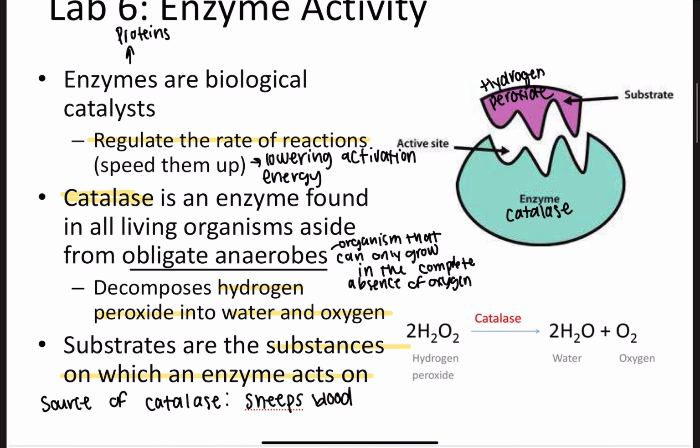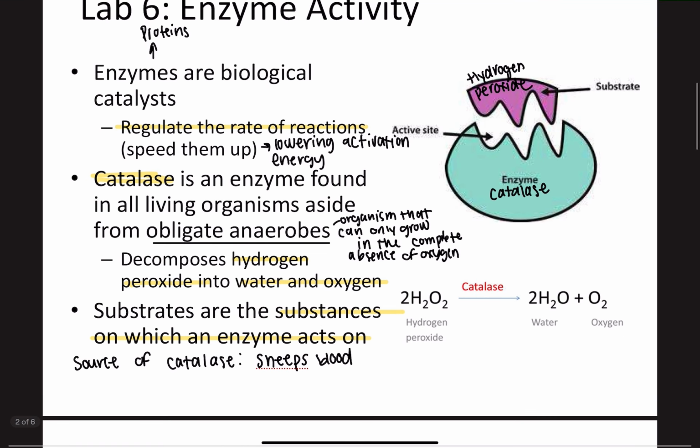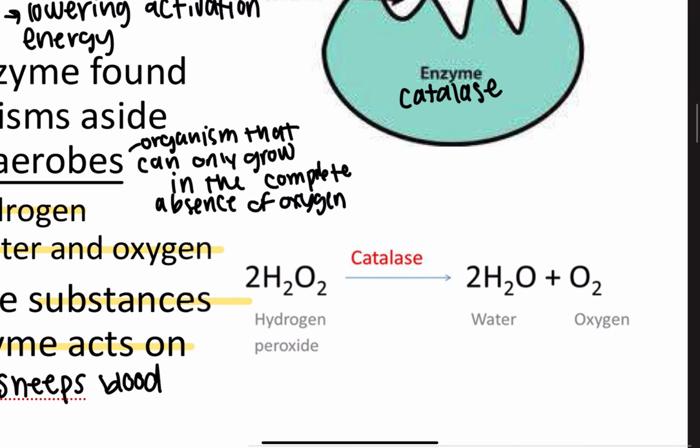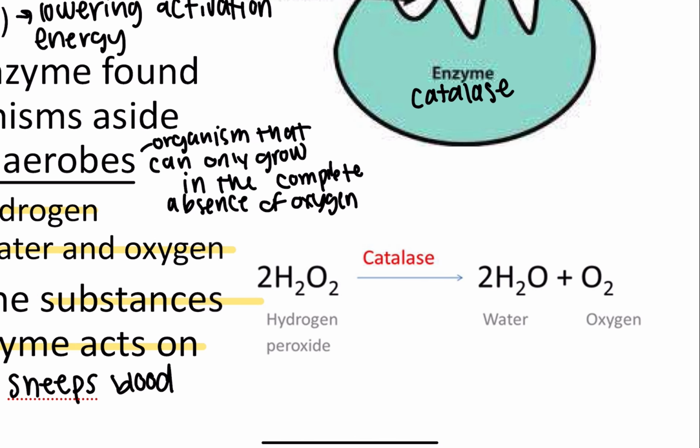Hydrogen peroxide is our substrate, and it is actually toxic to our cells. So catalase is going to convert hydrogen peroxide into water and oxygen, which are two completely harmless byproducts.